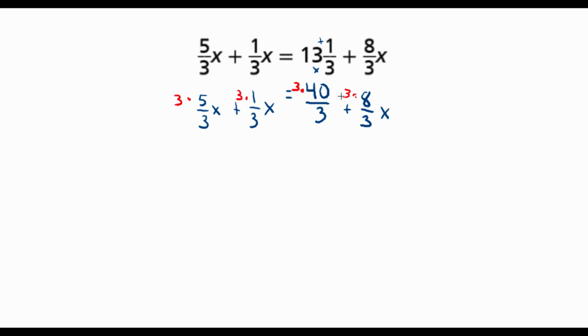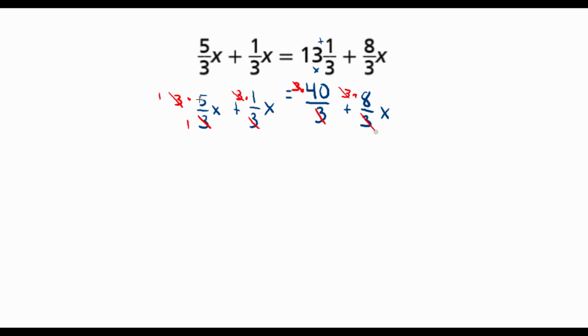Times 3. Okay. Now, you don't even need to multiply 3 times 5 because 3 divided by 3 cancels out right away into 1 and 1. So you can actually go ahead and cancel every single 3 that you multiplied with the 3 that's dividing. All right, and you are allowed to do that because as you make the equation 3 times greater, the denominators are making it 3 times smaller, so they will cancel each other out.